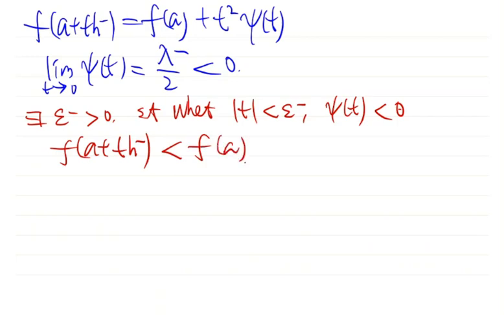So for our A here, in the direction of h minus, because h minus is a unit vector, the absolute value of t less than epsilon minus means that t h minus lies in this range.